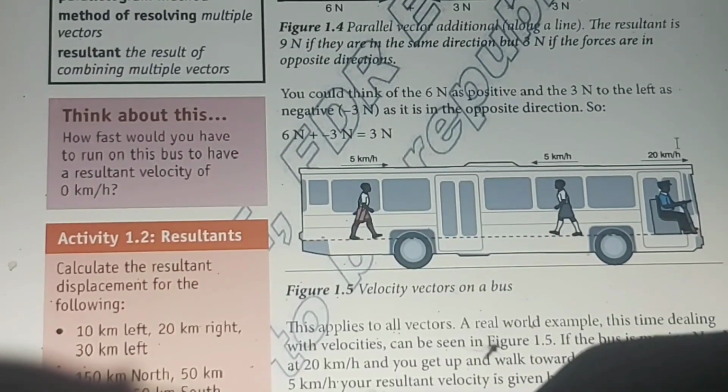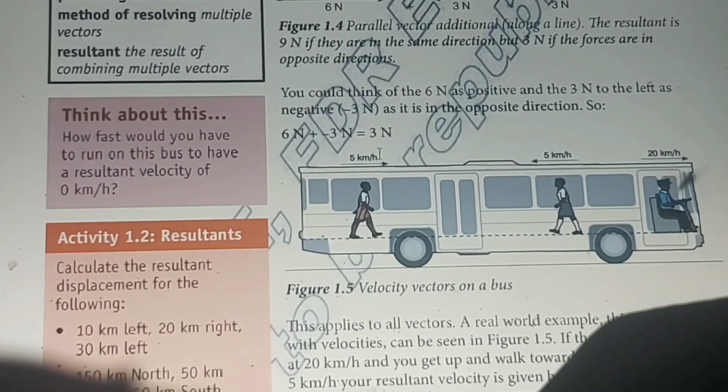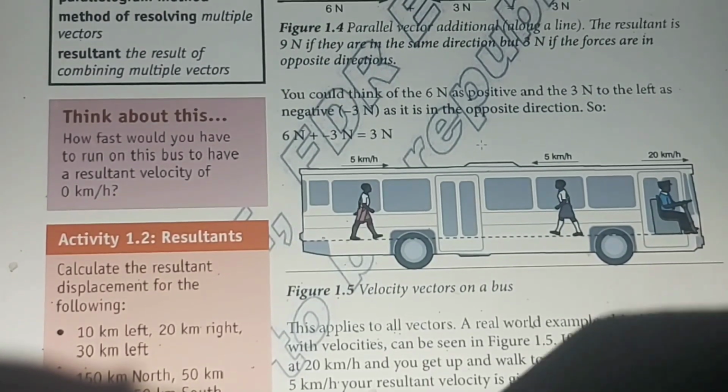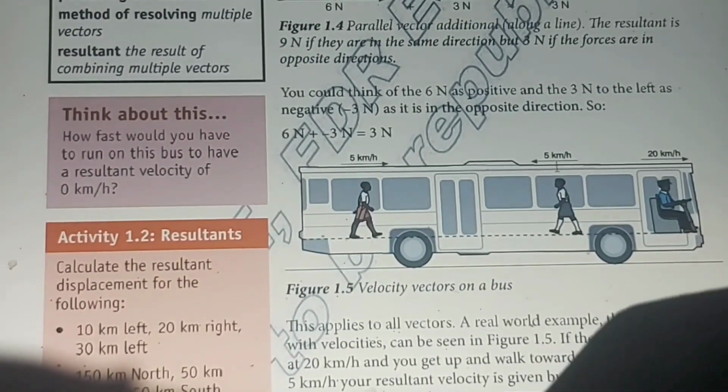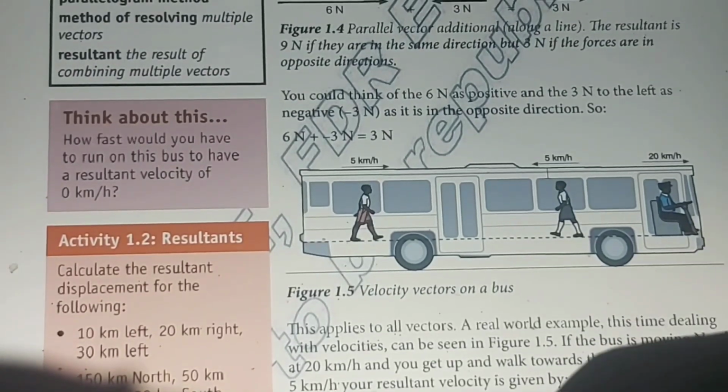The bus is moving at 20 kilometers per hour, but this person in the bus moved toward the front at 5 kilometers per hour.